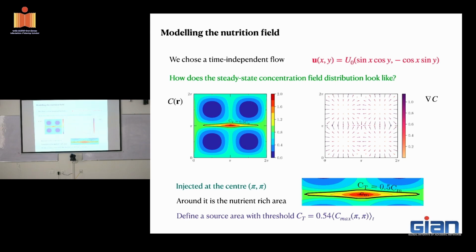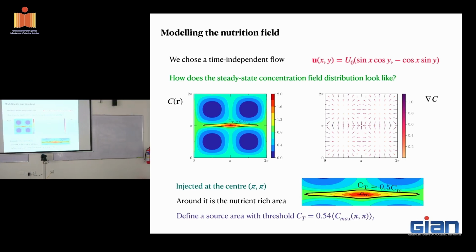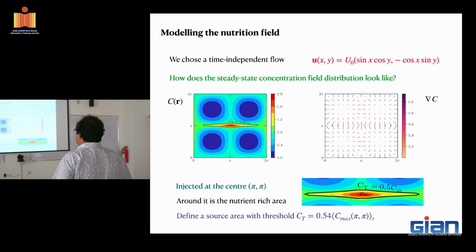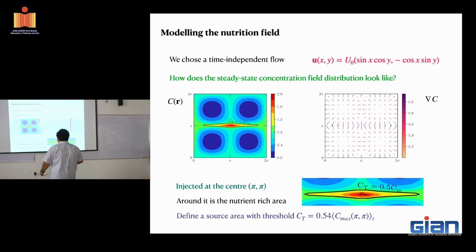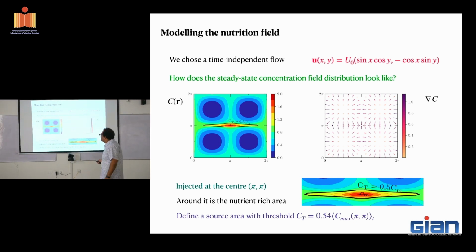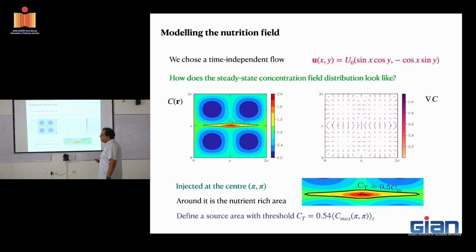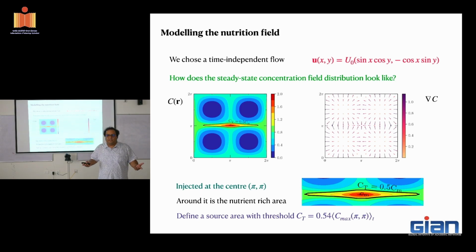Okay, so now C is the nutrition field that you see. In the vertical region you see there's no nutrition, but of course you're injecting somewhere here, right? The color bar shows you this is 0, this is maximum. You are injecting, let's say I chose to inject here, you can inject here, you can inject at the center as well, but that doesn't make sense.